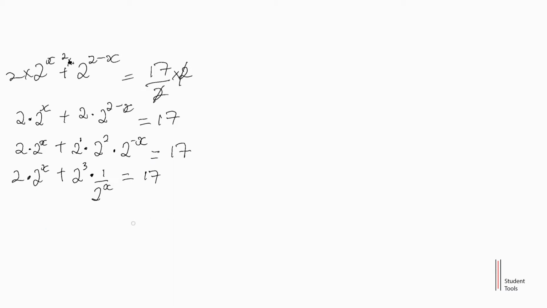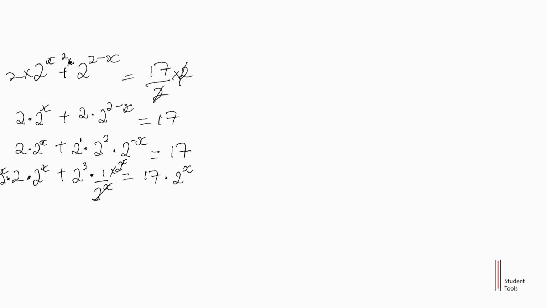Okay, so now we somehow have like terms, but now the problem is it's a fraction. So let us get rid of it. How do we get rid of it? We will multiply by 2 to the power x. Multiply by 2 to the power x, and again we'll multiply this with a 2 to the power x.